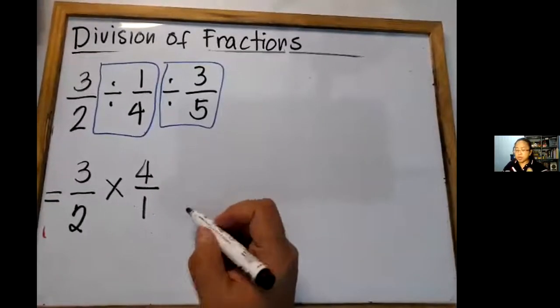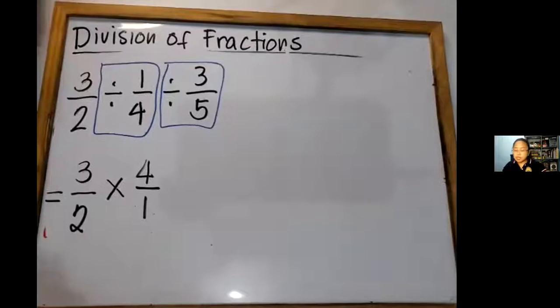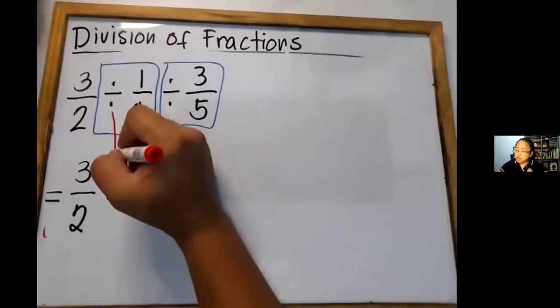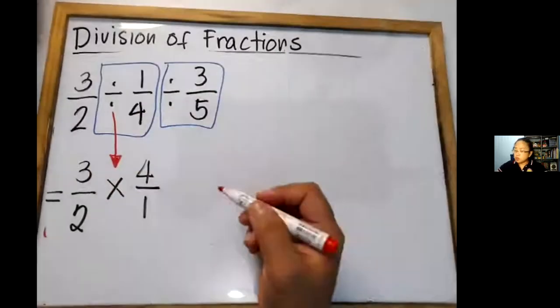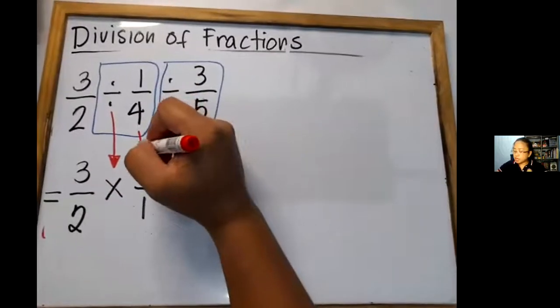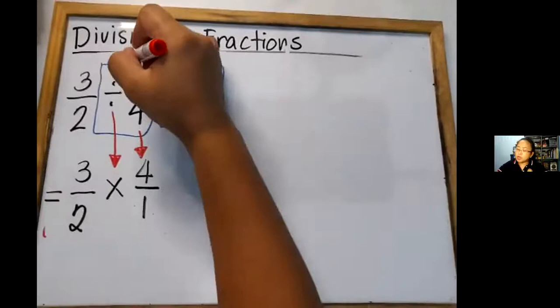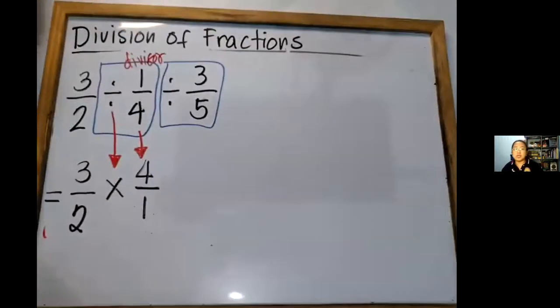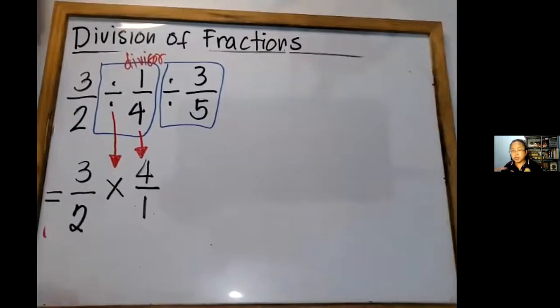Okay? So, paano yon? Yung 3 halves natin, same lang. Yung division symbol, ginawa nating multiplication. Yung 1/4, kinuha natin ng reciprocal dahil ito ay divisor. Yan ang ating divisor. So, 4 over 1. Then, doon tayo sa pangalawa nating kinahon.